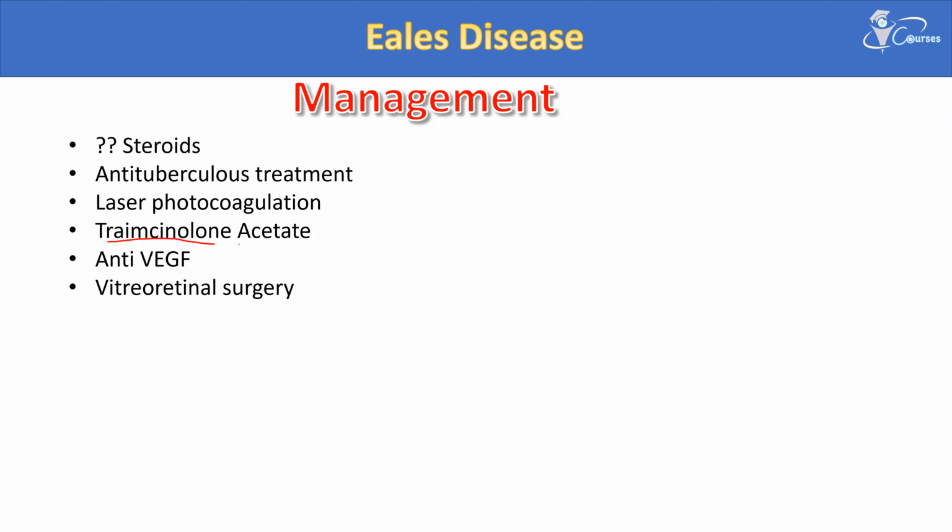As I told you, triamcinolone acetate or steroids in general are controversial. Anti-VEGF injection to prevent new vascularization, and vitreoretinal surgery if the patient develops tractional retinal detachment or a persistent vitreous hemorrhage. Okay, this is Eales disease.